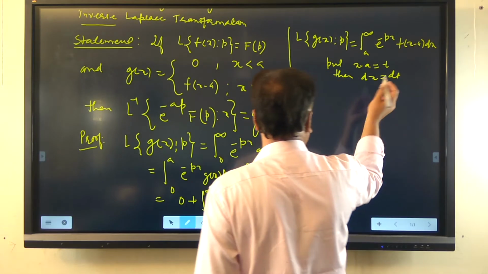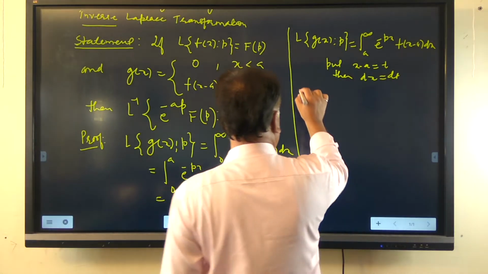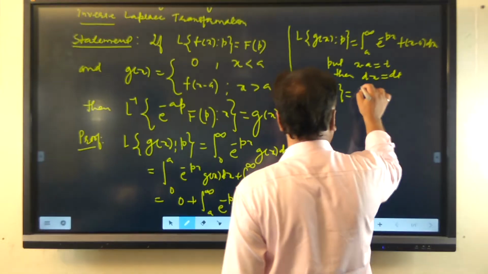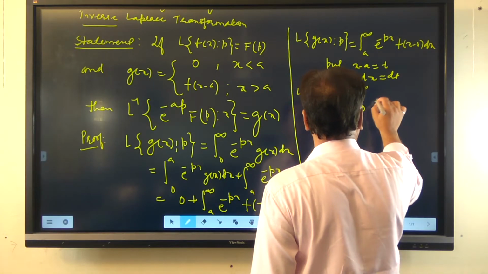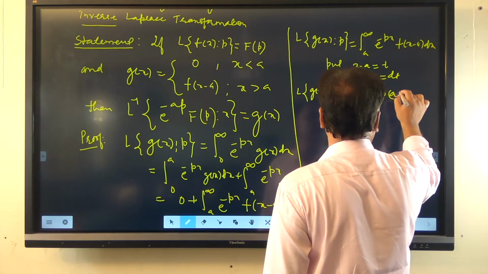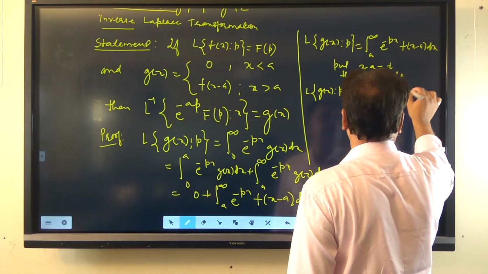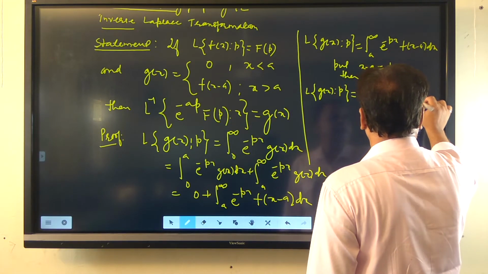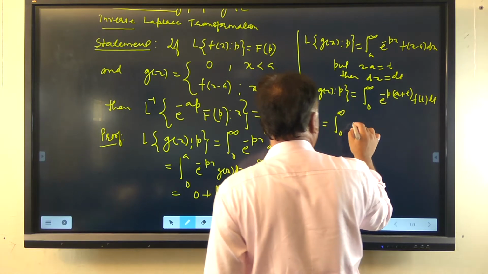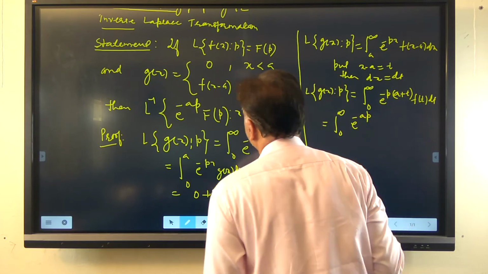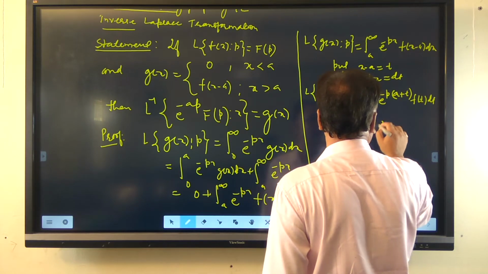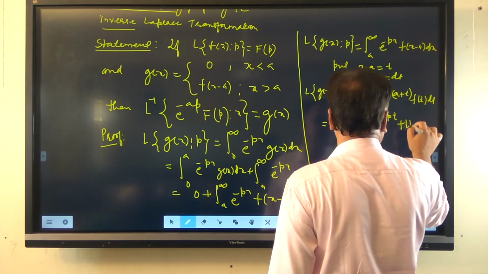Putting these values in the integral on the right hand side, we get the Laplace transformation of g(x) with respect to p is equal to the integral from 0 to infinity of e raised to minus p into (a plus t) f(t) dt, or we can write it as e raised to minus ap times e raised to minus pt f(t) dt.